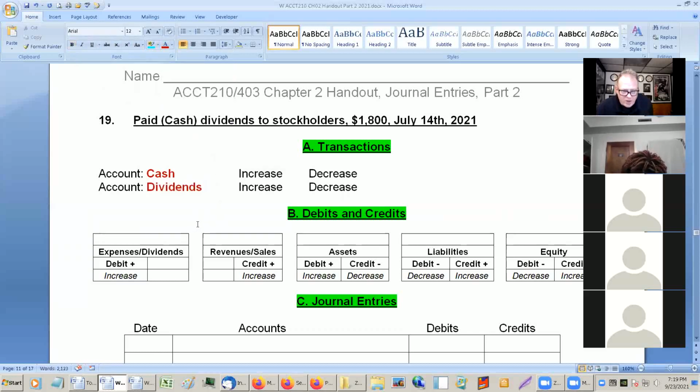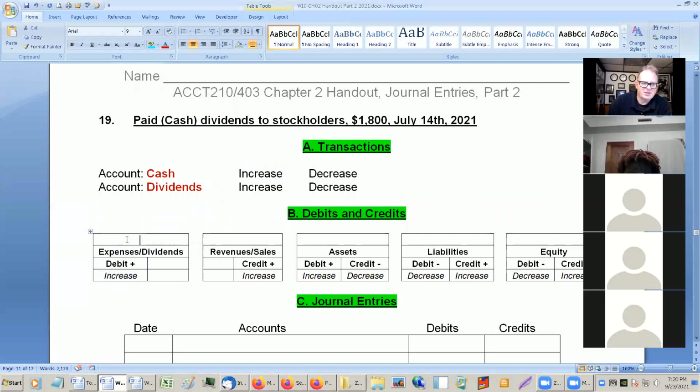Some textbooks, like the one we have, show the dividends as increasing with debits. So they say dividends are always going up. Two dividends are more than one dividend, and that sort of thing.